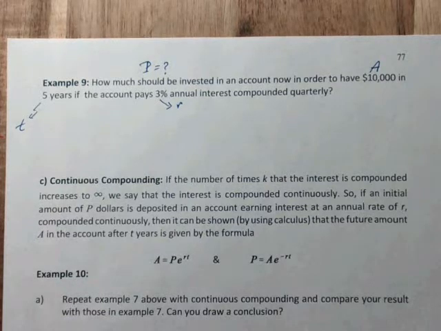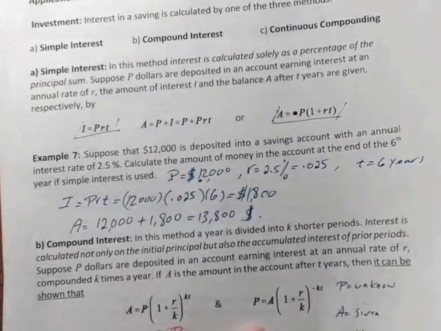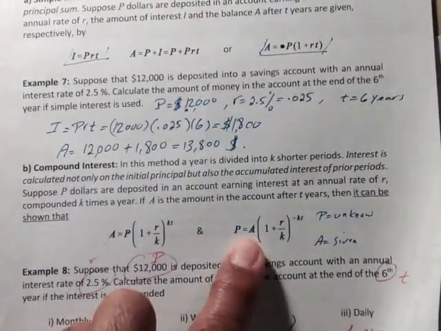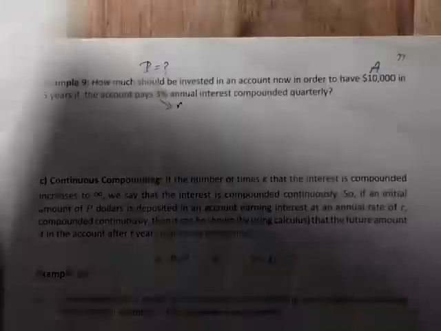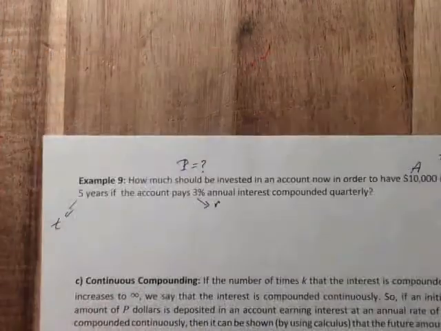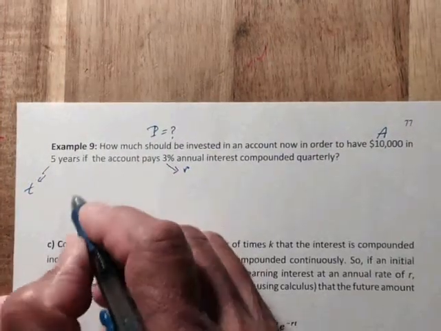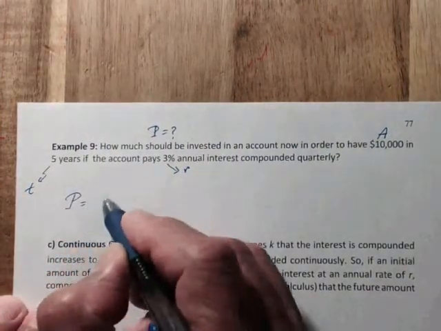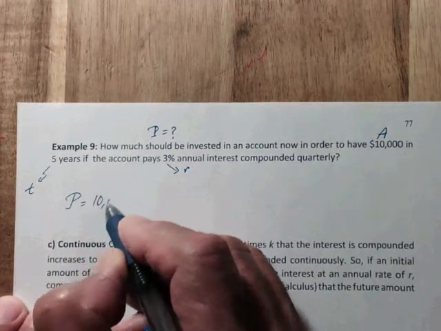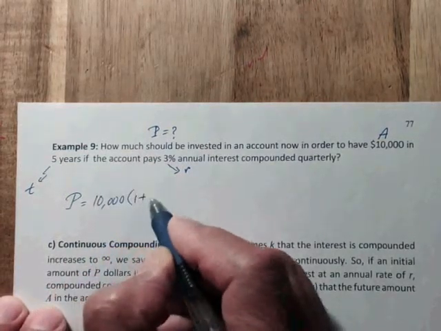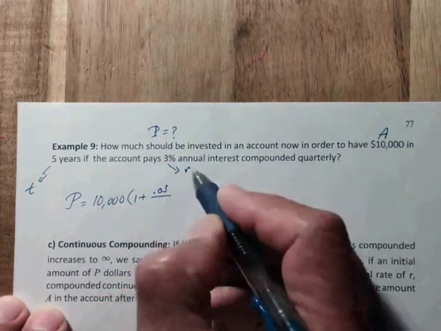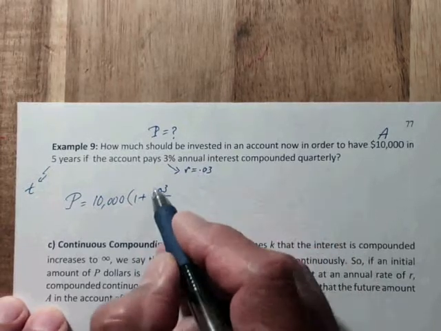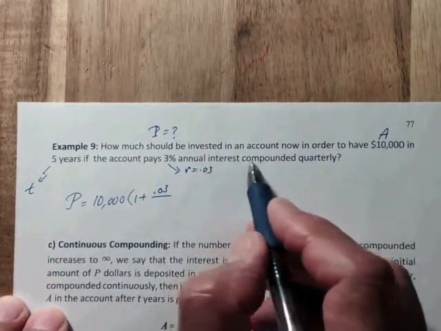And as you remember, if P is the unknown, use this formula: P equal to A times 1 plus R over K to the negative KT. So we say P equal to A, which is 10,000, times 1 plus R, 0.03, divided by K. Interest is compounded quarterly.